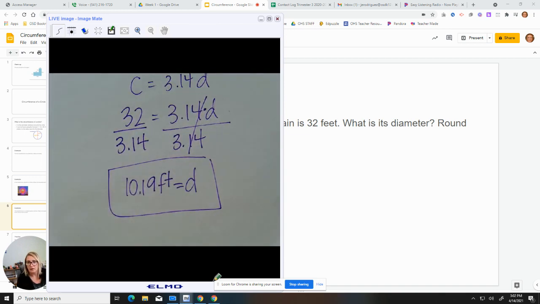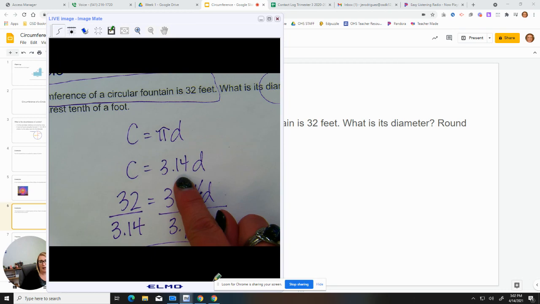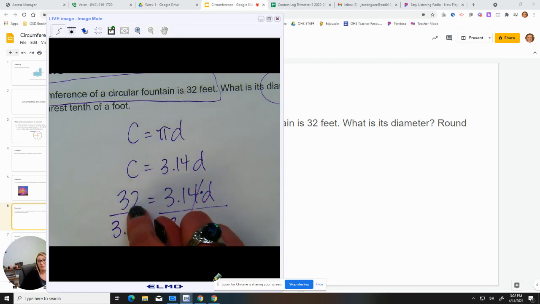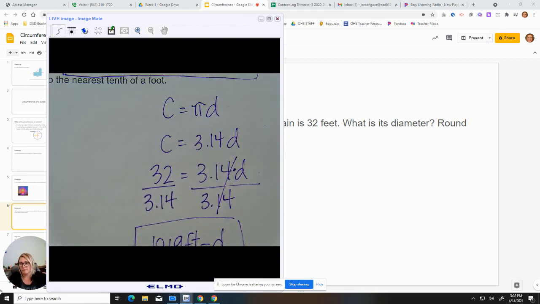Okay. So don't get overwhelmed thinking I have to work backwards. If you know which formula you're using, you can plug in 3.14 for pi. You can plug in what the circumference is. That means it's just an algebra problem at that point, and we're just working backwards to solve.